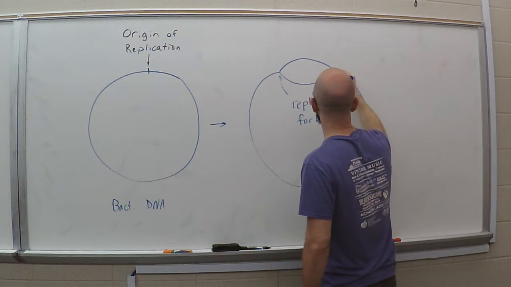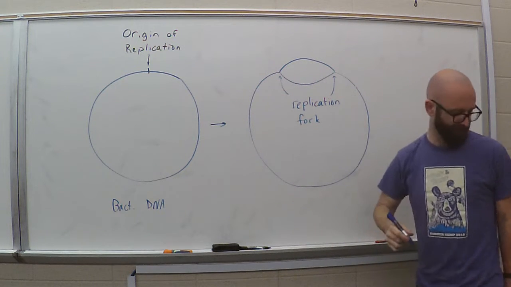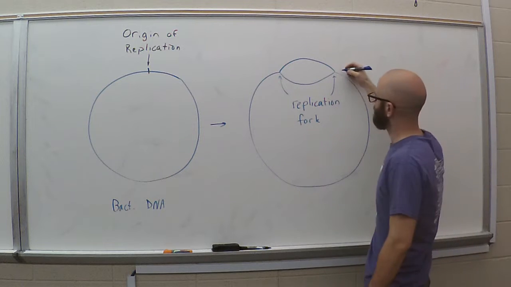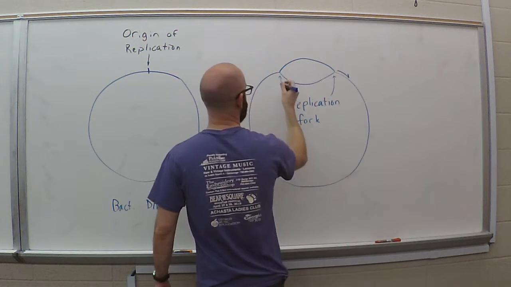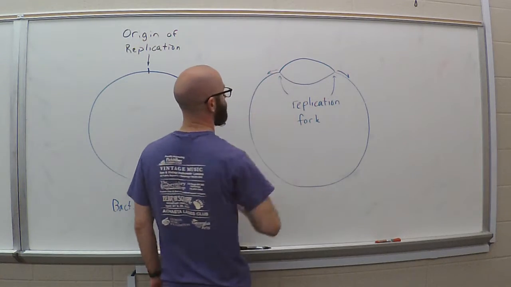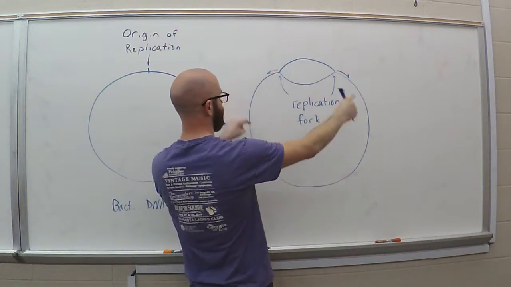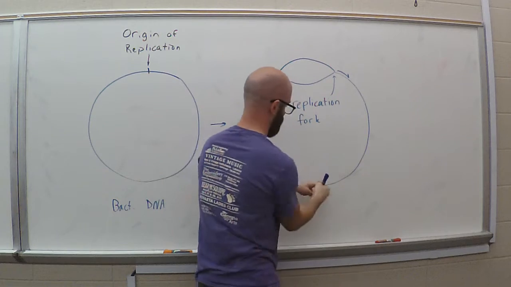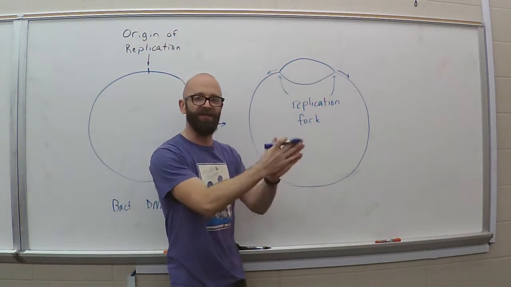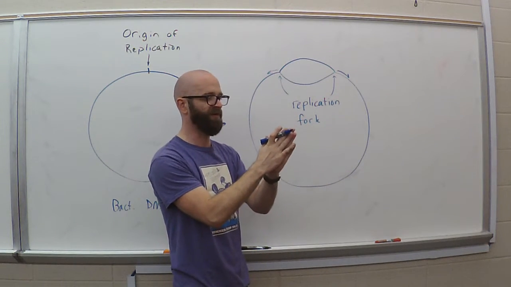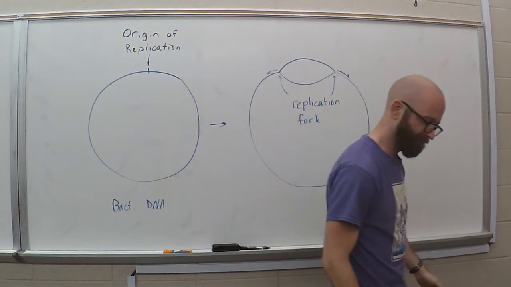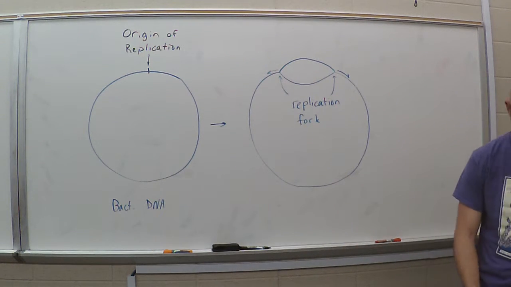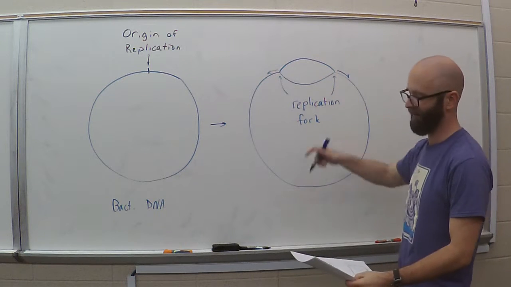One there, one there. And those replication forks will extend all the way around this entire circular strand of DNA until they reach a point over here, and then your two circular strands of DNA will break completely apart. So they'll spread until you have two new strands of DNA.